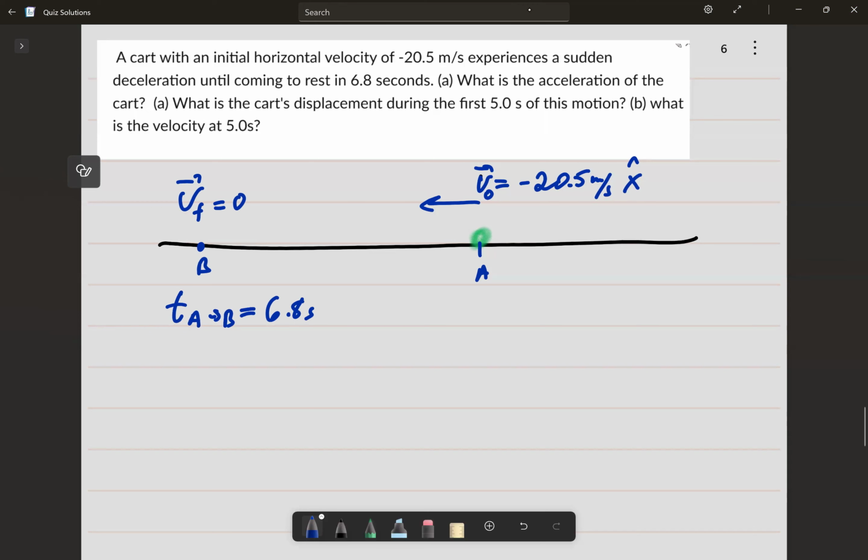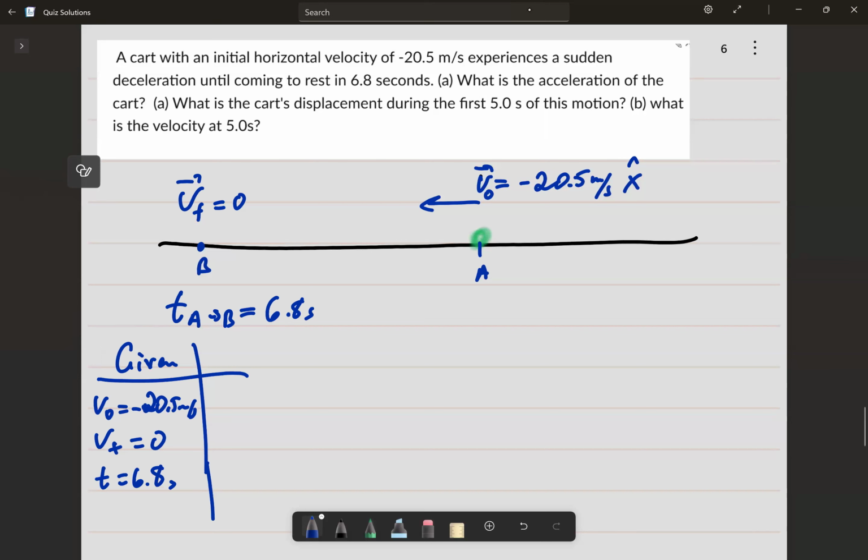All right, so that means we can write down a table of what was given. Initial velocity, negative 20.5 meters per second. Final velocity 0, and the time is 6.8 seconds. For part A, we want to find acceleration.